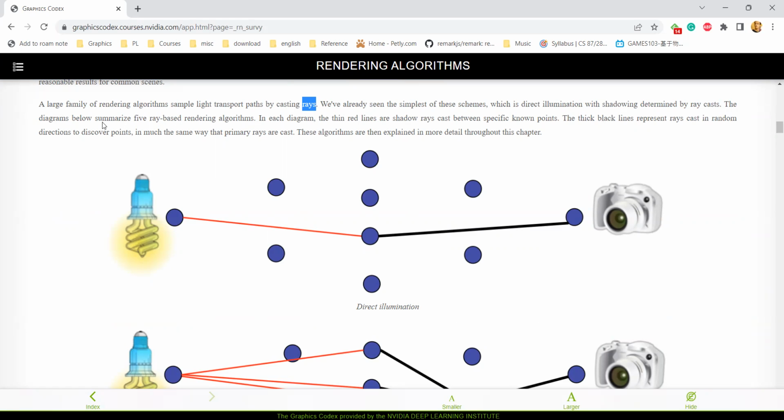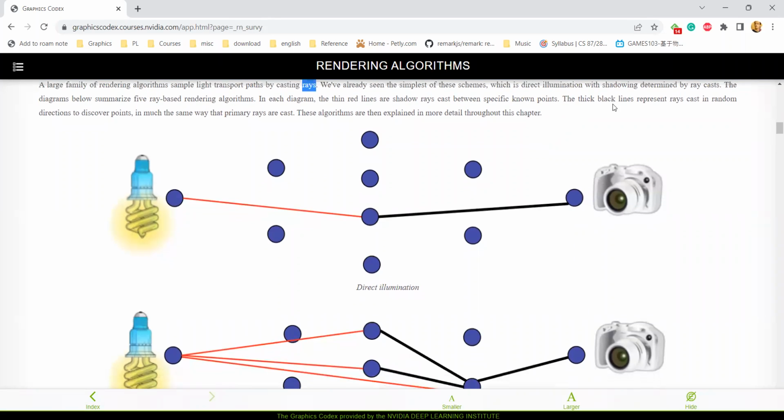The diagram below summarizes 5 ray-based rendering algorithms. Each diagram has the thin red line shadow ray cast between specific node points. The thick black lines represent recasting in a random direction to cover points in much the same way as the primary cast.